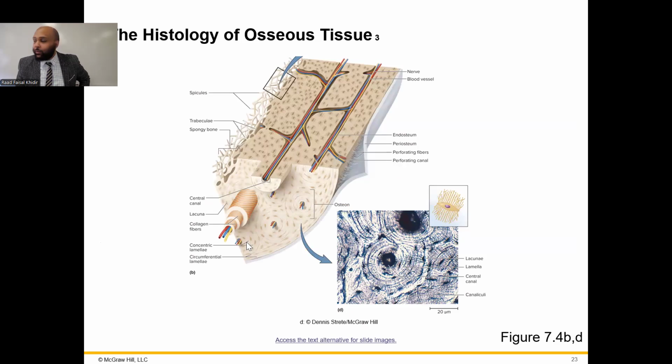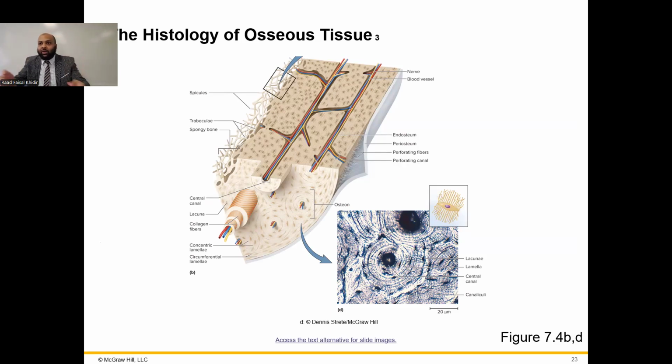Now let's look at the histology of osseous tissue. So that is my osseous tissue. And you see there is a lot of nerve, there's a lot of blood vessels through the bone. Just like a building, it looks like it is made of brick, but through the brick system, what do you have?